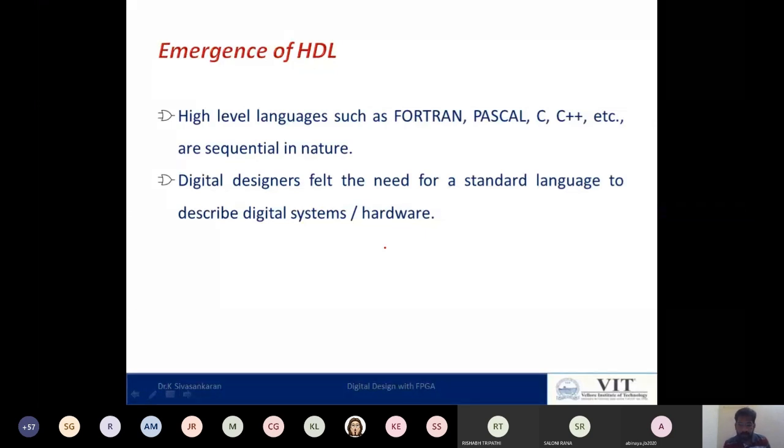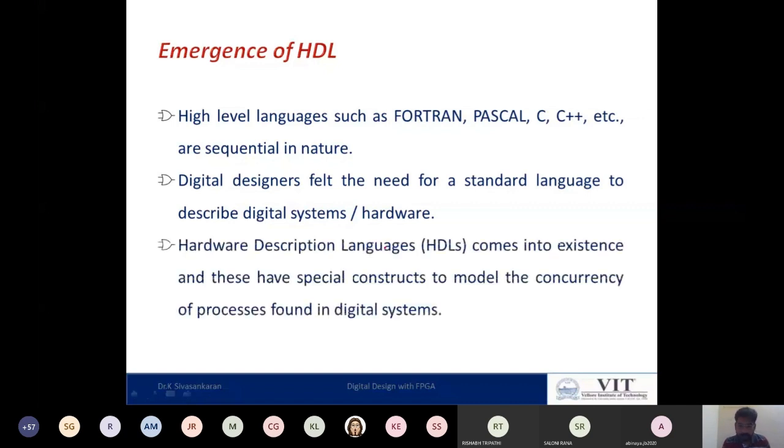I want a unified standard language which will be able to describe your digital system in terms of hardware. Then HDL is a common language that has been introduced to define those kinds of designs. HDL has special constructs to model the concurrent processes found in digital systems. So what does that mean?